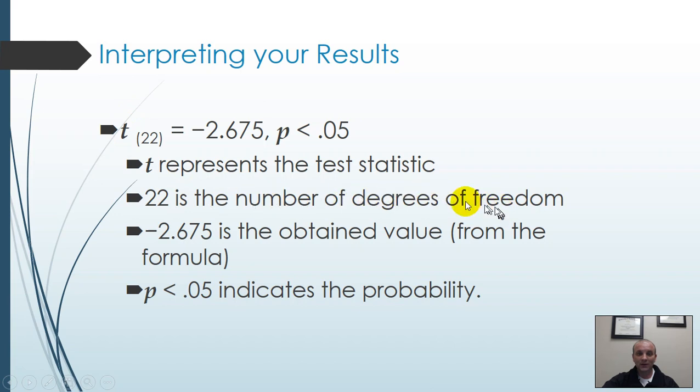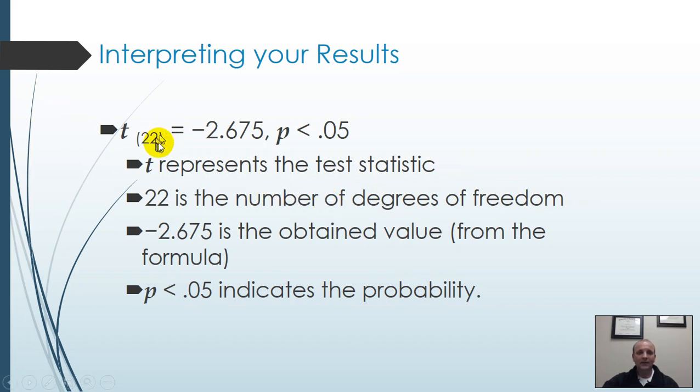22 is the number of degrees of freedom. Degrees of freedom is generally n minus 1, the sample size minus 1. Since we have 2 samples, we would subtract 2. There are different schools of thought on this, but for now, just keep it that simple. N minus 1 when you think of degrees of freedom for a sample.